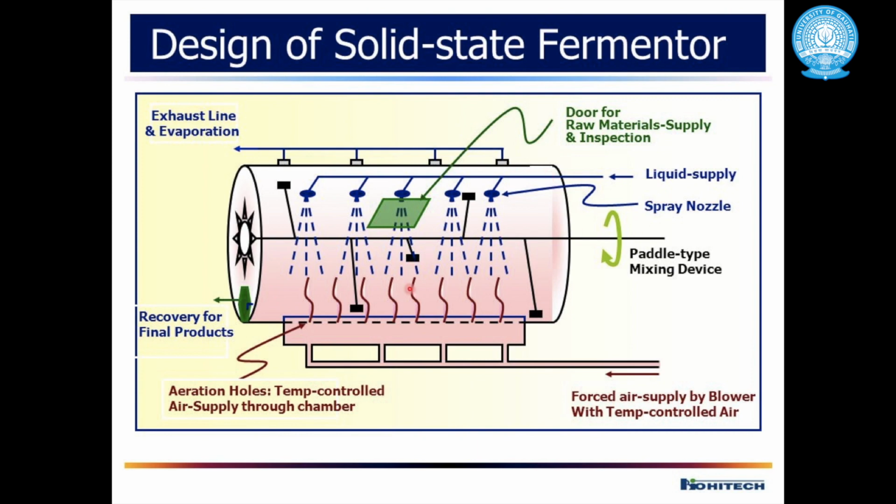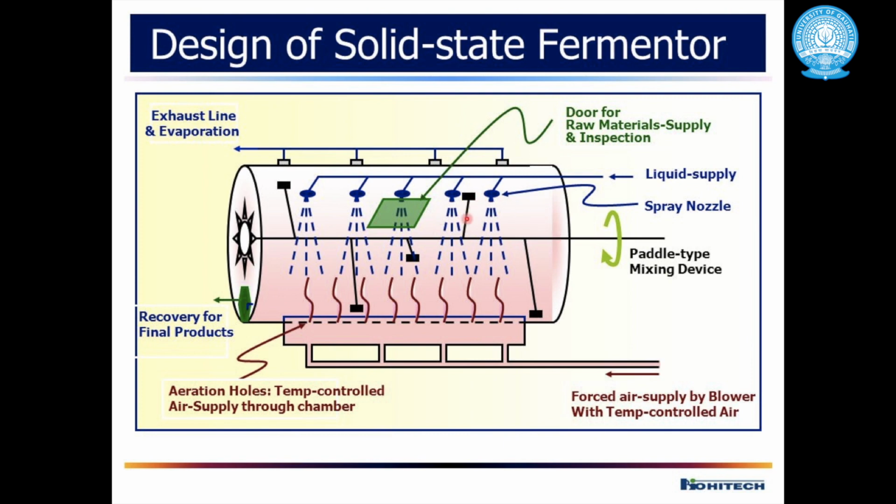And here you find this paddle type mixing device, where maybe you will be keeping your substrate on the surface, and you will be putting your yeast or any other material, the microorganisms, on the top. So it will be sprayed by this water.